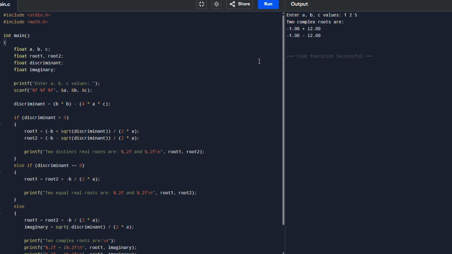Since both the previous conditions are false, the third condition, that is else, obviously becomes true. The program enters the third condition and calculates the real and imaginary parts, and the output becomes minus 1 plus i2, and the other root becomes minus 1 minus i2.